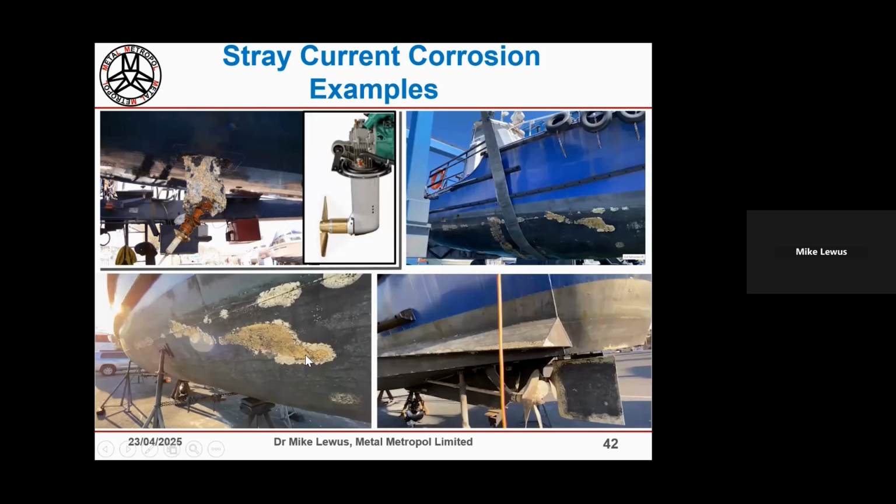Or it could be patches of the hull where the protective paints are already degraded, so it'll occur where it's easier for stray current to get to the hull because of weakened paintwork. But also any kind of contours, ridges, again back to higher intensity fields being at these sorts of places. So you can see that the damage can be quite serious and it can occur quite quickly.